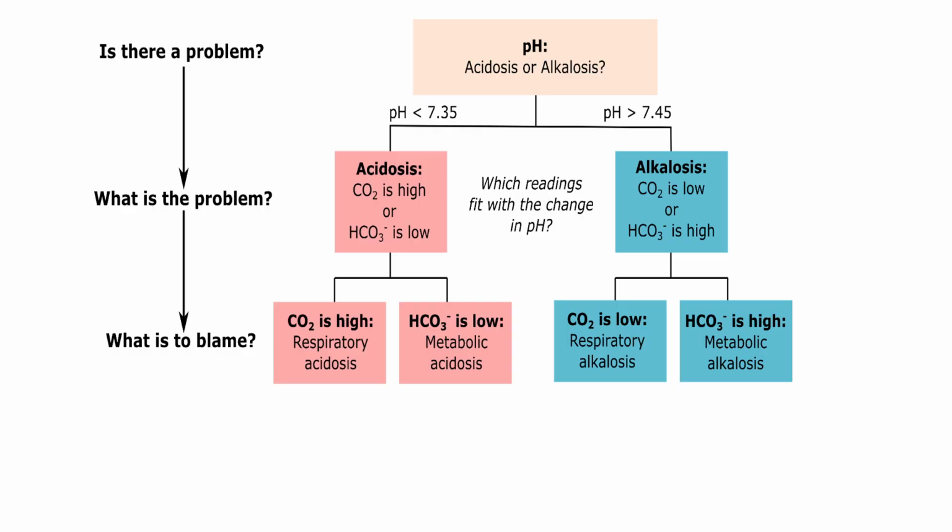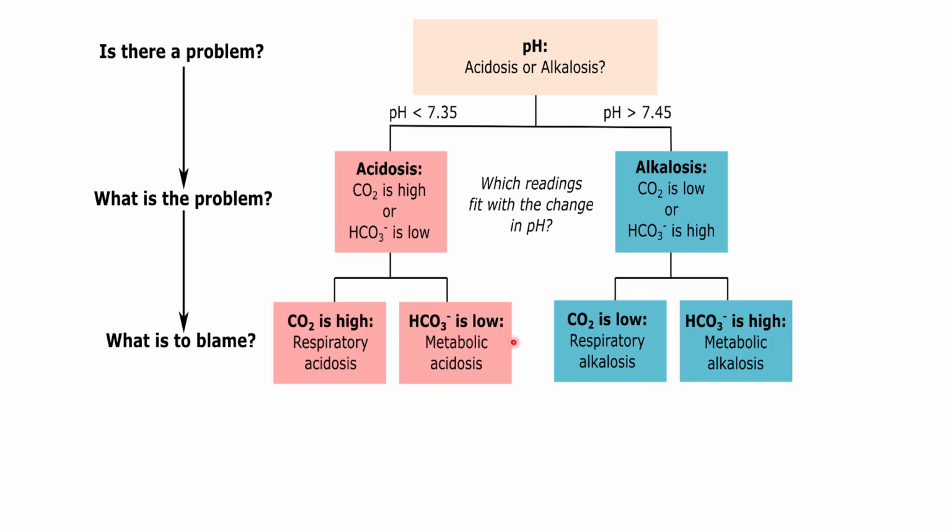This will strike fear in the hearts of many a nursing student or many a pre-medical student. Again, these things tend to flip-flop. If this is high, this one will be a little bit low, but if the predominant reading is high, then it's respiratory. Predominant reading is low, it's metabolic. Same story with alkalosis.